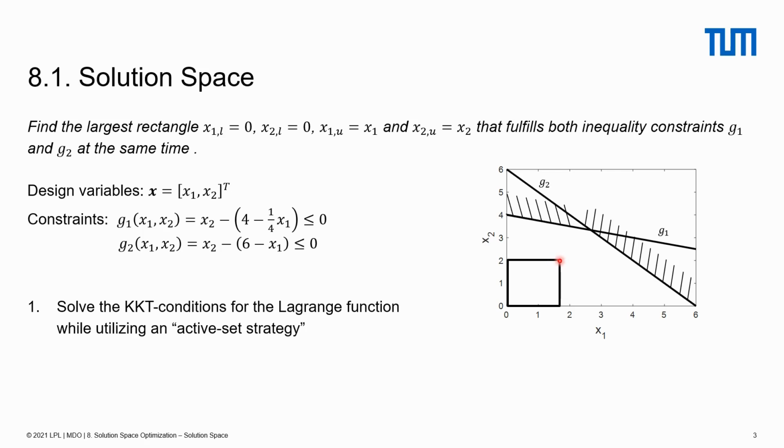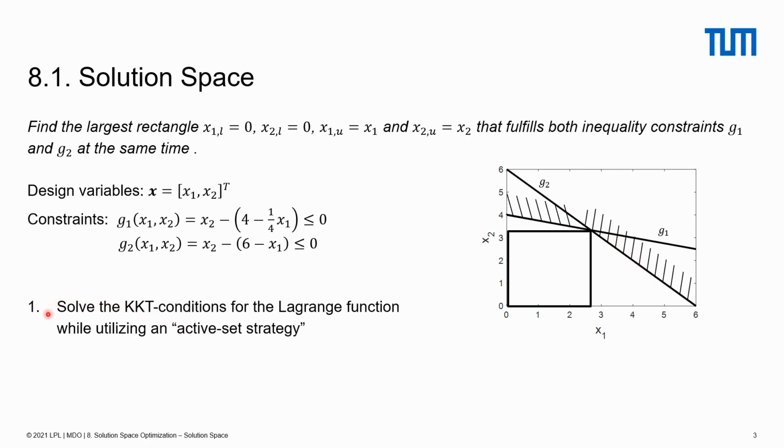If this corner fulfills both constraints, all the other points in the box are feasible. The corner can be either on the boundary of G1, or on the boundary of G2, or on both the boundaries of G1 and G2.